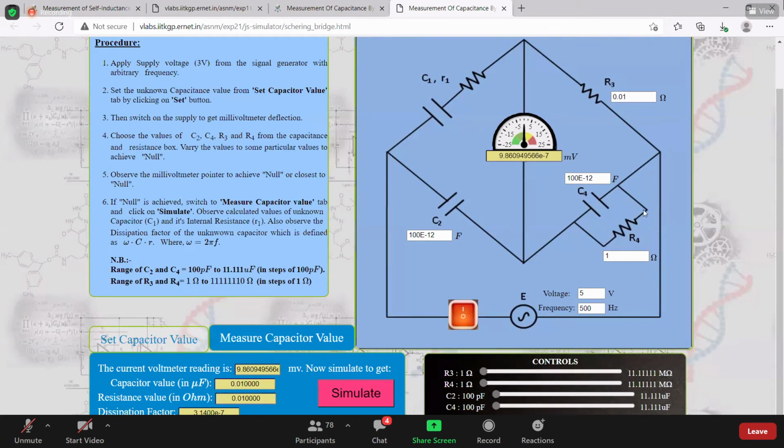By changing R4 we can calculate the value of C1, sir. You said two values should be the same, which values? C2 and C4, sir. Do we have that type of condition? No, sir, but I have taken them. You have taken such values, but we don't have that type of condition. Okay.